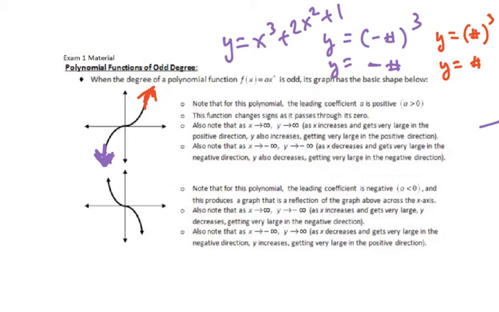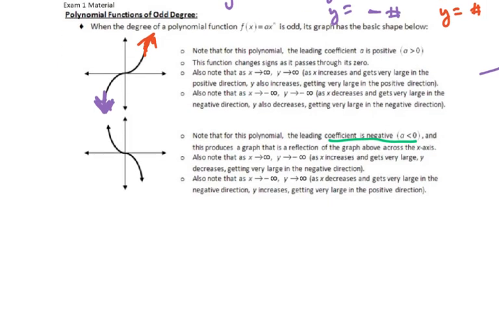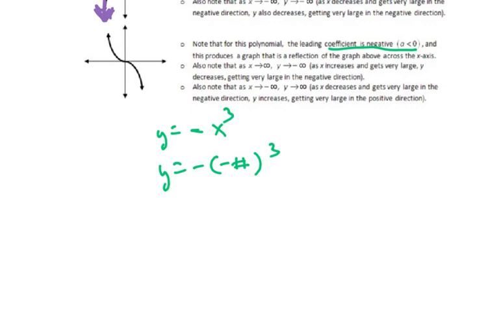Now, if the leading coefficient is negative, then it basically just flips it, right? Because if you have a negative x cubed and then we plug in a negative number, we said earlier that this piece is going to give you a negative, and a negative times a negative is going to be a positive, okay?